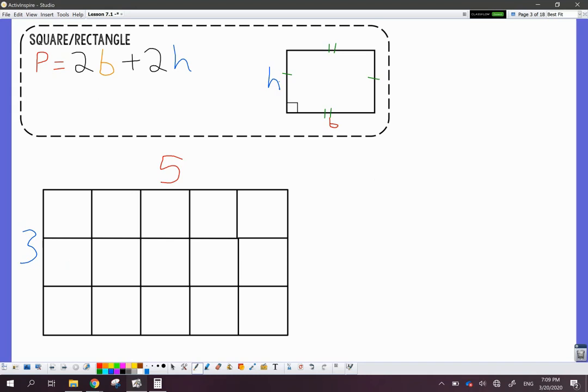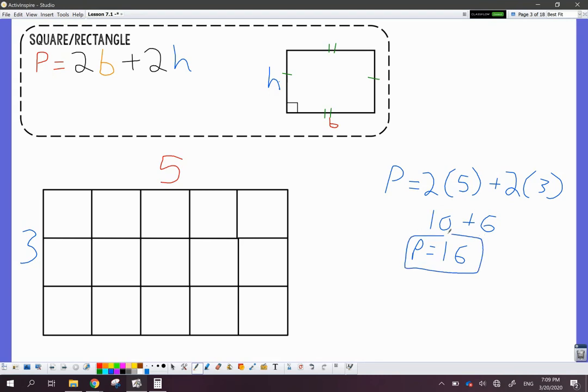So if I want to find the perimeter here, then I can use my formula, 2 times my base plus 2 times my height. 2 times 5 is 10. 2 times 3 is 6. So my perimeter is 16. All right. Now area, on the other hand, remember that area means how much I have inside.